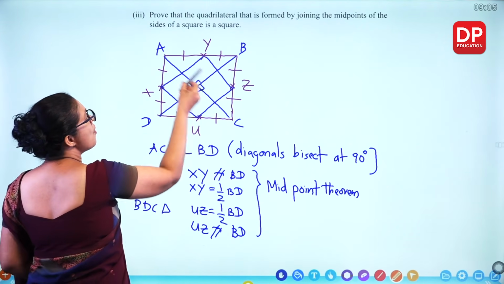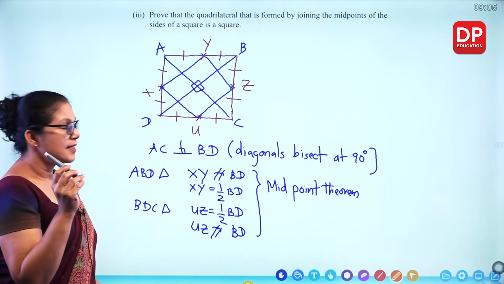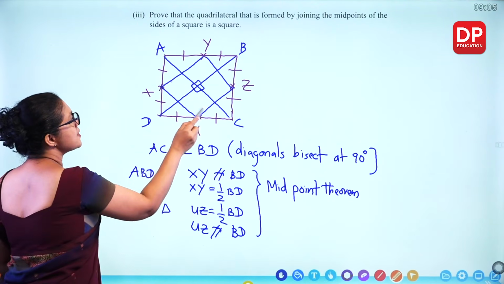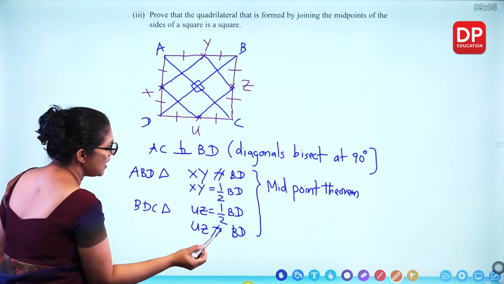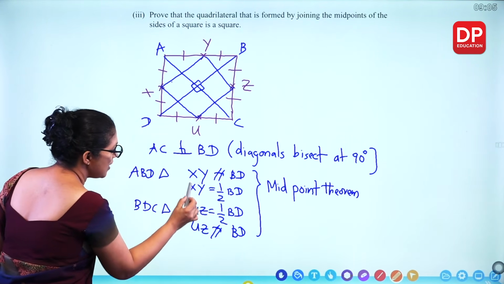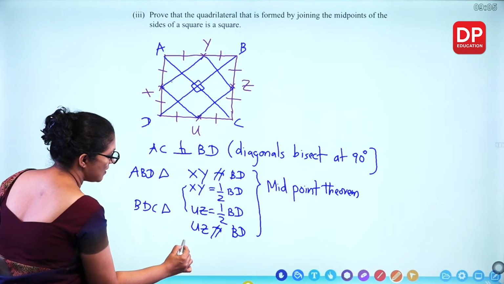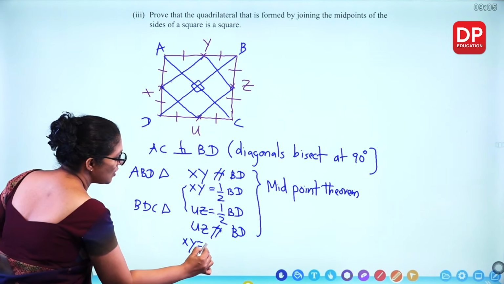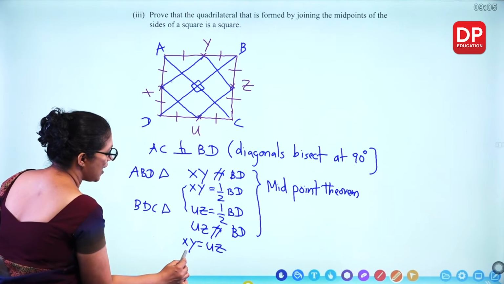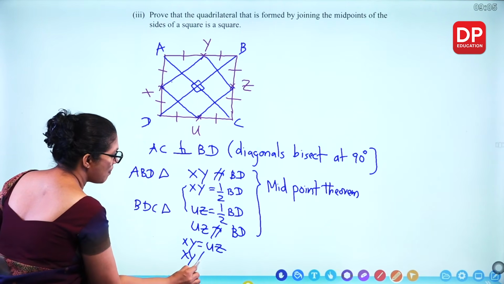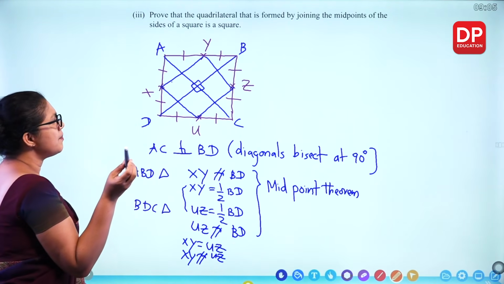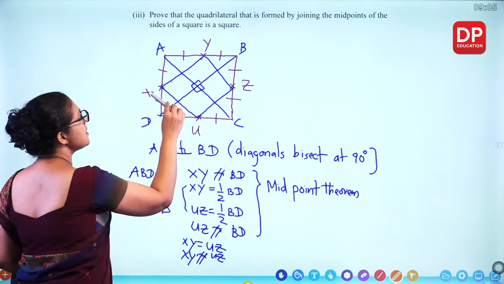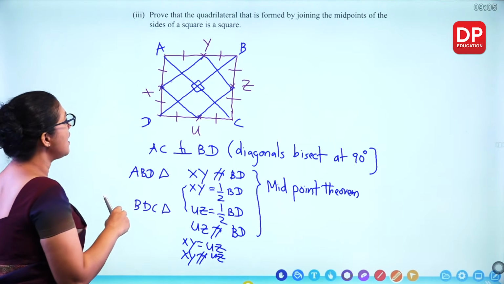Now a pair of opposite sides parallel and equal. Can you see half BD, half BD? You can see XY is equal to UZ as well as XY is parallel to UZ. It's a parallelogram and these two lengths are equal.